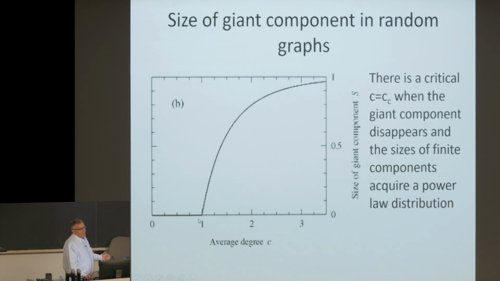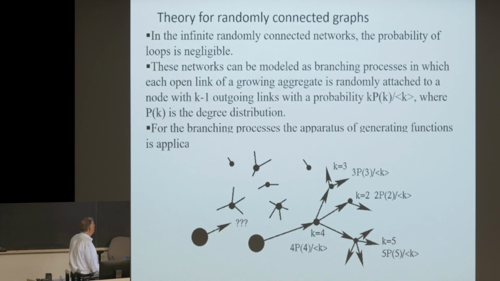This is, of course, correct only for the Erdős-Rényi graphs, the simplest one, where the generating function is just an exponent. But of course, this theory can be generalized also to any graph with any distribution, of course, if this graph is random.